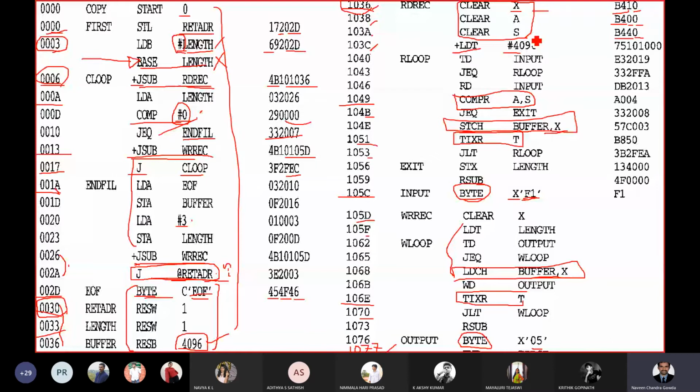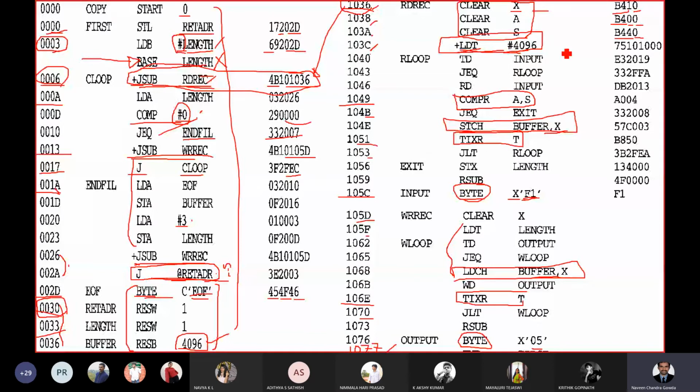Then taking you to this +LDT #4096. Definitely it is a format 4 instruction, dear students. Even in the case of +JSUB RDREC, which I told you is a format 4 instruction, you consider the direct address of the operand. What is the operand here? It is RDREC, so we consider its direct address, which is 1036. But in the instruction +LDT #4096, you need to consider the direct address of the operand, and what is the operand here?